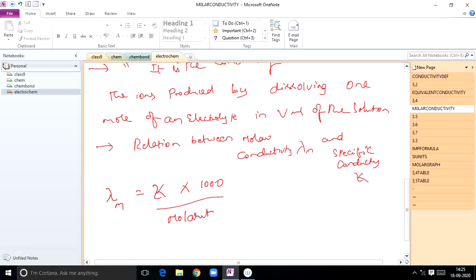The concentration is expressed in terms of molarity. This is the relation, students. Molar conductance of a solution lambda m is equal to specific conductance of the solution into 1000 by molarity. This is the exact formula: lambda m is equal to k into 1000 by molarity, where k represents specific conductance.